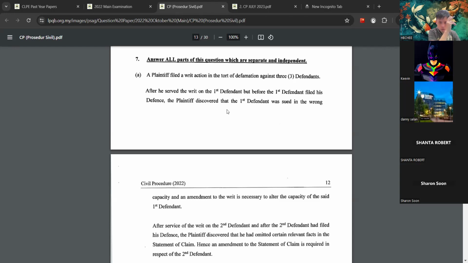So plaintiff amends the capacity for the plaintiffs, and the defendant alters the capacity of the defendant. You cannot alter the capacity of the other side. Is that okay?